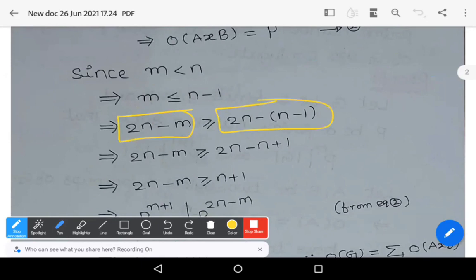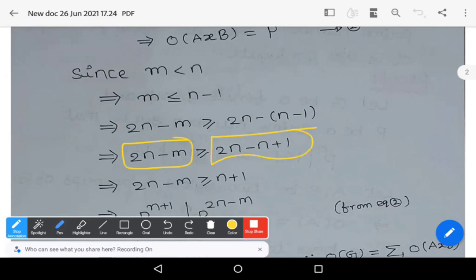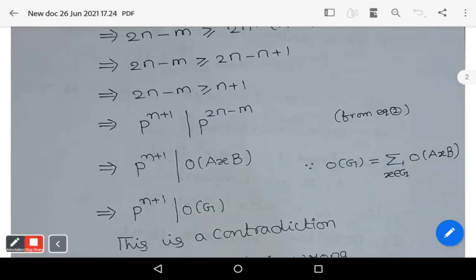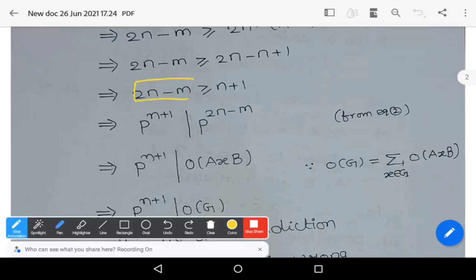We get 2n minus m greater than or equal to 2n minus n plus 1. So 2n minus m is greater than or equal to n plus 1.